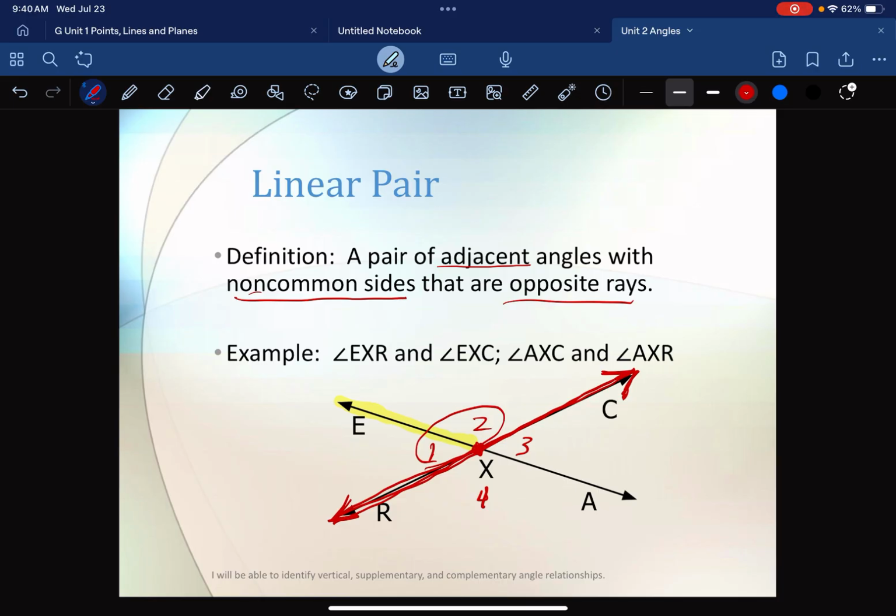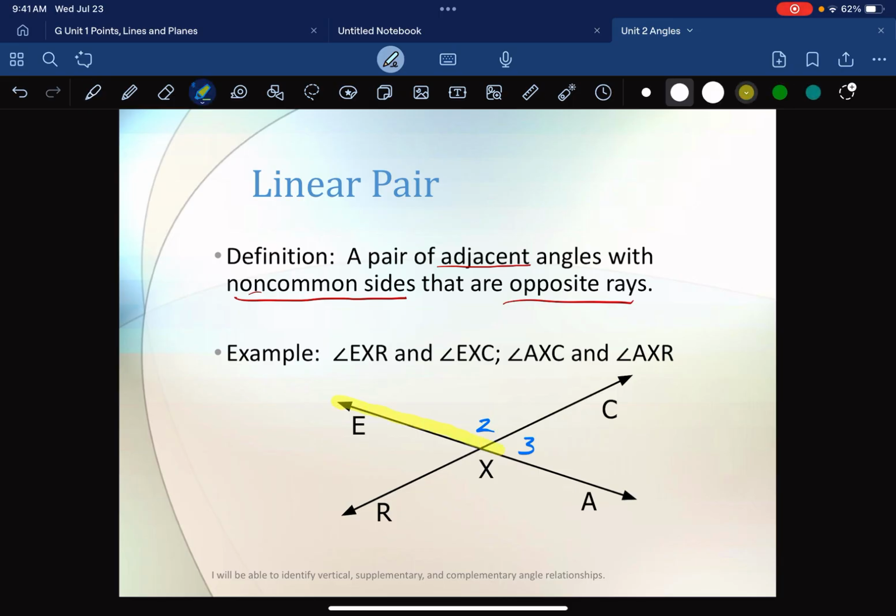Okay. Well, the same thing's true when you make this sketch. You actually create multiple pairs of linear pair angles, multiple linear pairs. So 1 and 2 form a linear pair. Well, let me clear this drawing out a little bit and just show you now. 2 and 3 also form a linear pair. Here's the straight line.